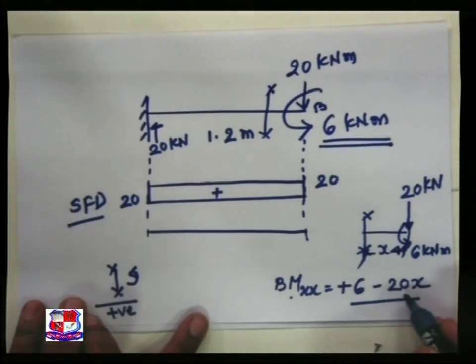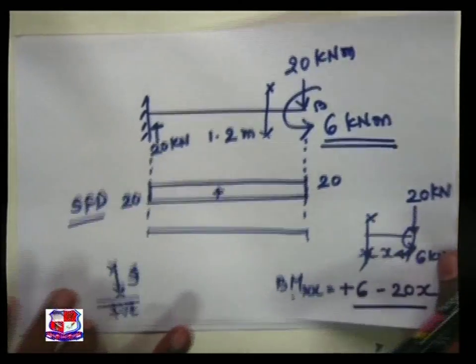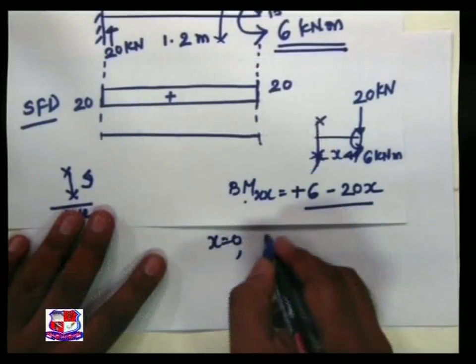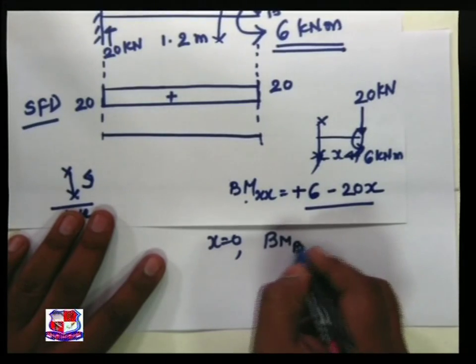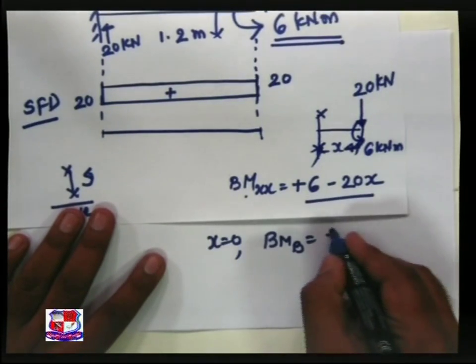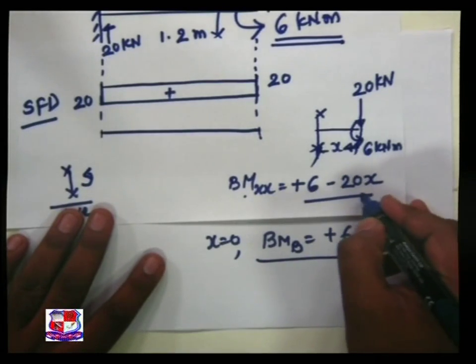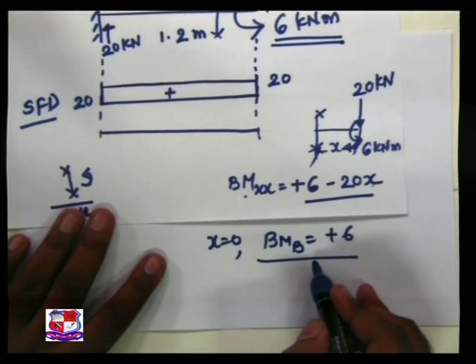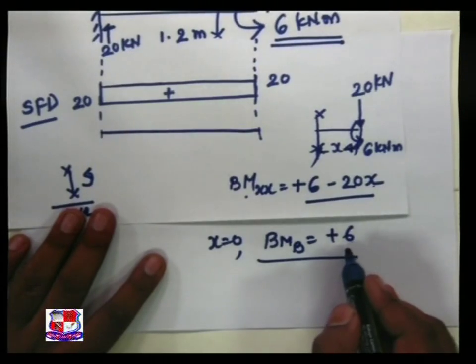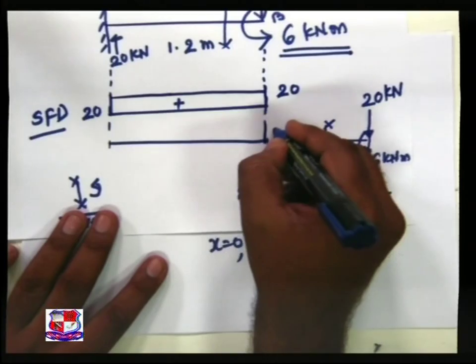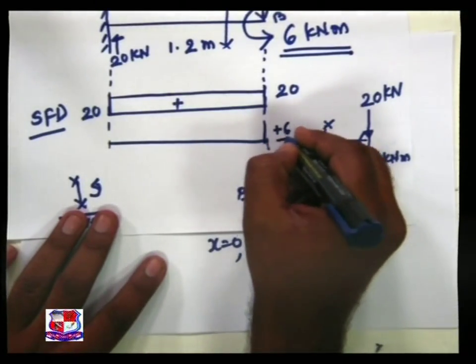Now if we go for x is equal to 0, that is, the bending moment at B is equal to plus 6, because 20 into 0 is 0. So the unbalanced moment is plus 6 at B. If we plot, this value is plus 6.